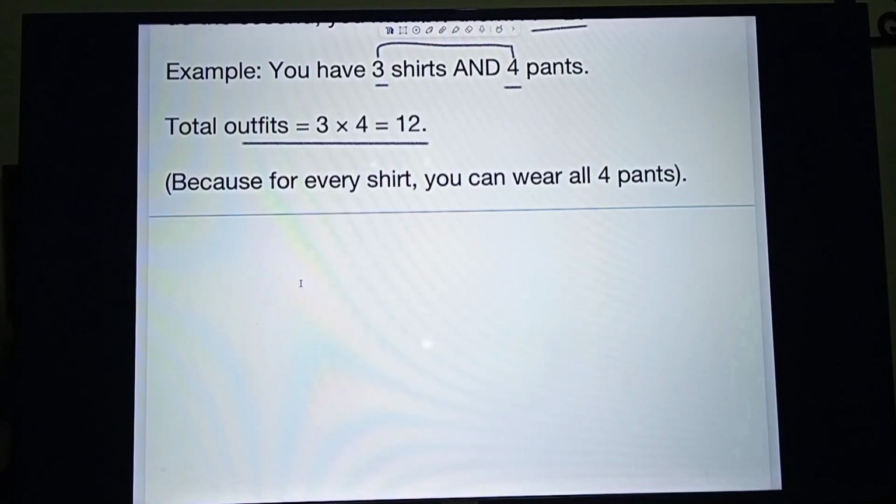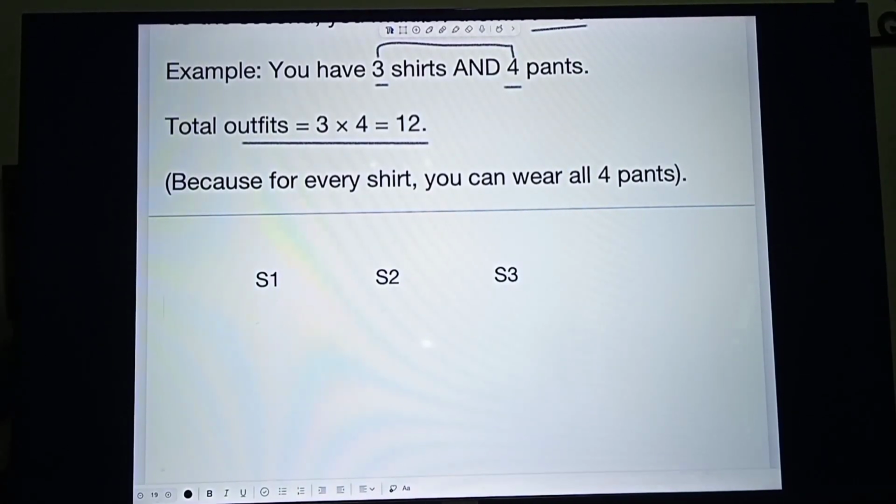So you have 3 shirts. The first one is S1, shirt 1, then suppose S2, then suppose S3.